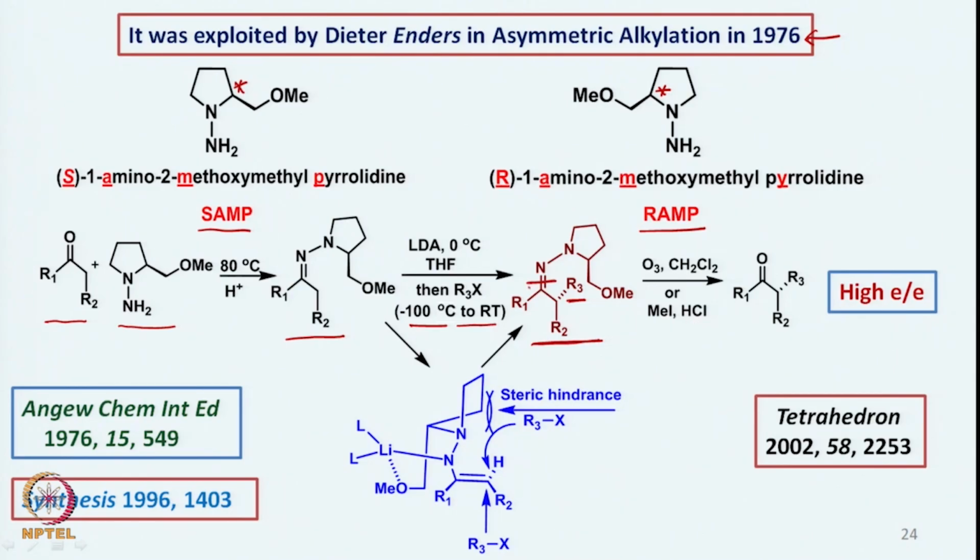Say ozonolysis directly gives this one. If we have methyl iodide, then of course you have methylation on the imino nitrogen followed by cleavage of the ammonium ion, and that gives this ketone, and very high enantiomeric purity of these ketones is seen.